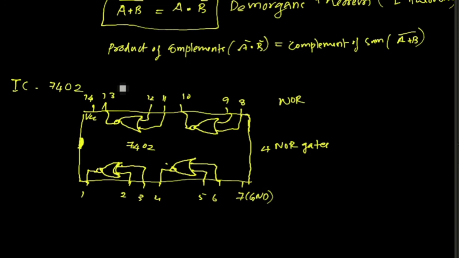From that we can form De Morgan's first theorem, which states that the product of complements is equal to the complement of the sum, or (A or B) all complement is equal to A complement and B complement. Okay, thank you.